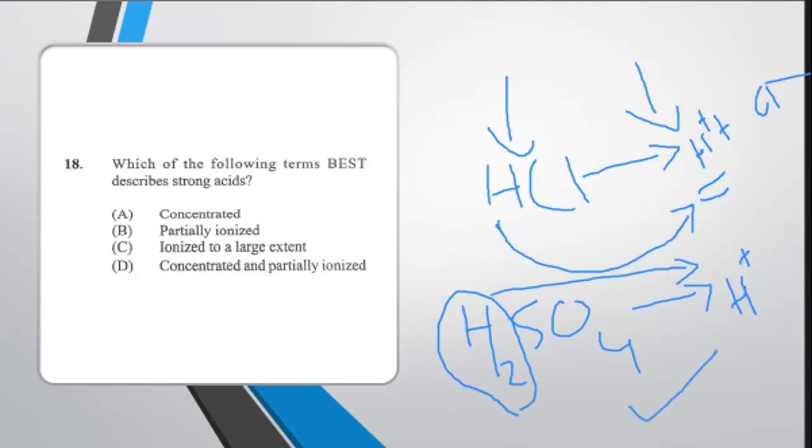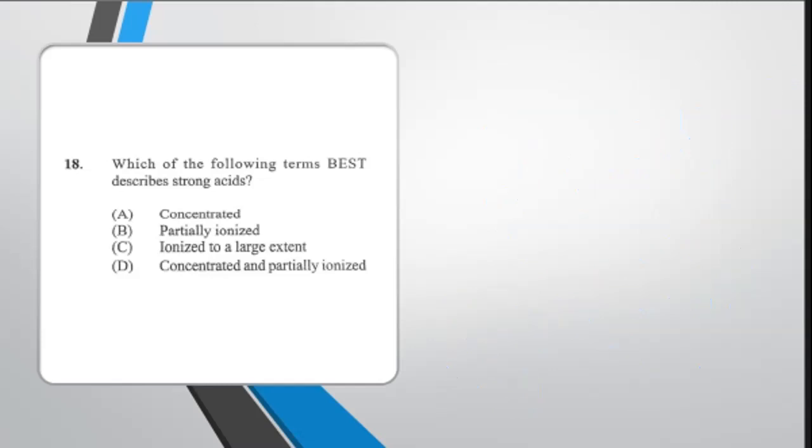If I had something like ethanoic acid, CH3COOH, not all the H plus ions are converted from atoms to ions. So you're referring to a weak acid, unlike sulfuric acid.